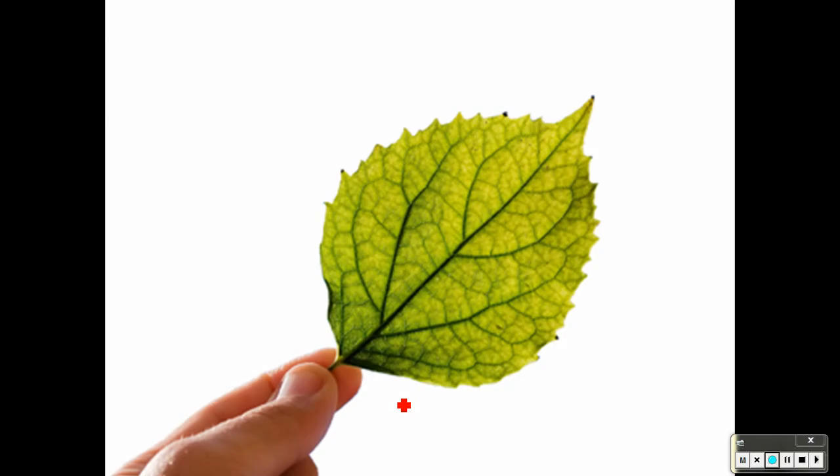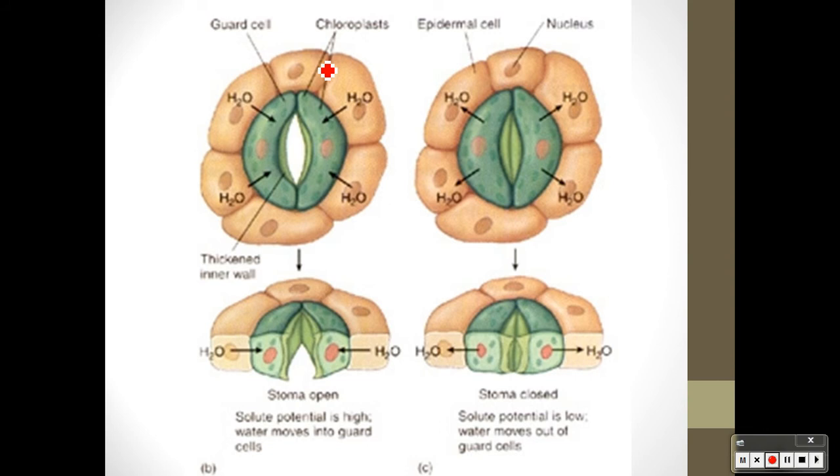So leaves are technically giant sun sails. Their job is to catch sunlight, and in order for photosynthesis to take place, once they catch the sunlight, they need CO2. The way they get CO2 is through holes in the bottom of the leaf called stomata, individually a stoma.